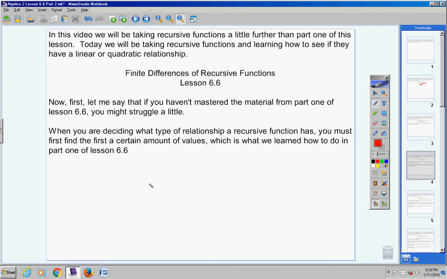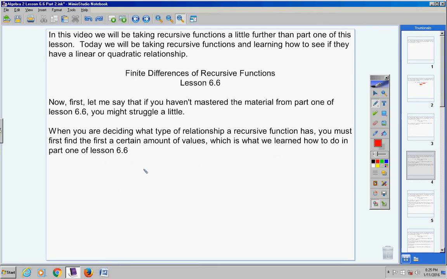When you are deciding what type of relationship a recursive function has, whether it's linear or quadratic or neither one, you must first find a certain amount of values of the recursive function. And that's what we learned how to do in part 1 of lesson 6.6.